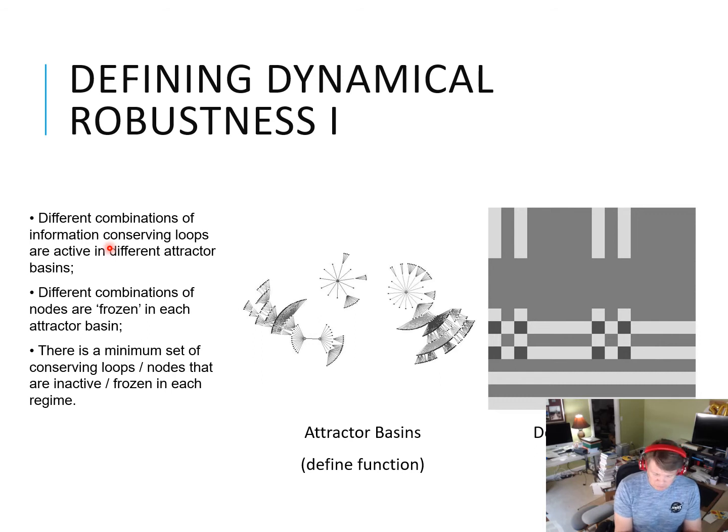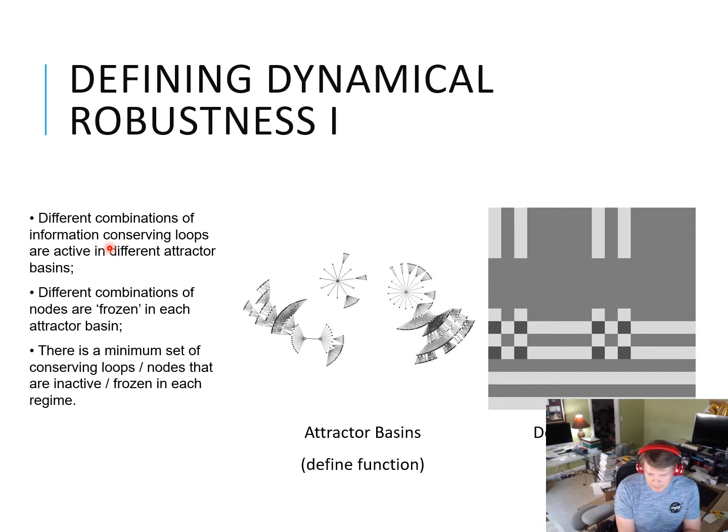And as the system continues to evolve as time goes forward, those nodes stay fixed as zeros or ones, called frozen. And if you then refer back to the structural feedback loops, what this suggests is that a number of those feedback loops are being kind of cut off.